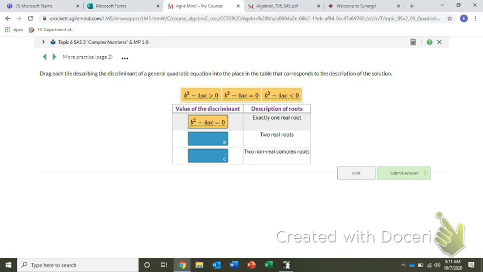When our discriminant is positive, meaning it's greater than 0, it's a positive number, we have how many roots? 2. What kind? If they're 2 non-real complex, we cannot see them, they have an i, then our value is what then? Less than.